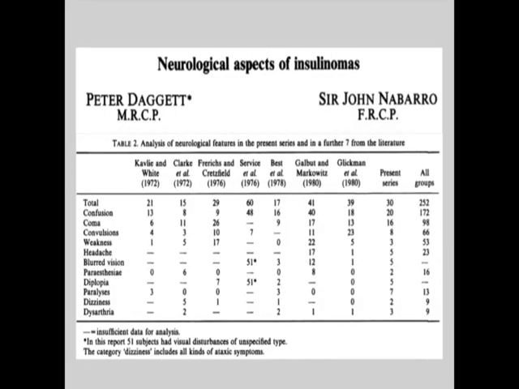In another study looking at patients with insulinoma who had recurrent hypoglycemia, you can see that the most common symptoms were confusion and coma. Seizure or other symptoms are usually less common.